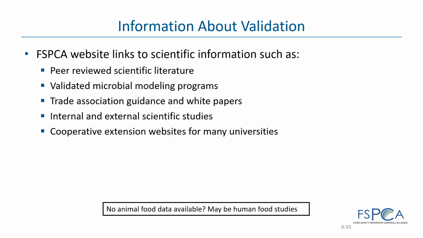There are also microbial modeling programs that could be helpful, trade association guidance or white papers, FDA guidances, internal and external scientific studies, and cooperative extension websites for many universities. I know here in Oregon we have a great research university, Oregon State University, and they have a great extension service that has a lot of good information out there.